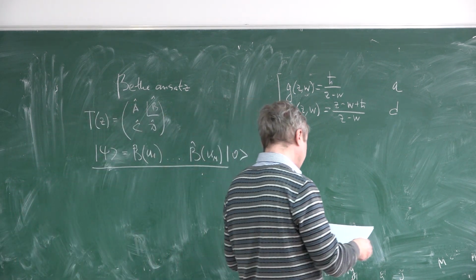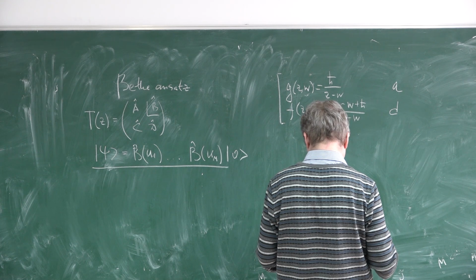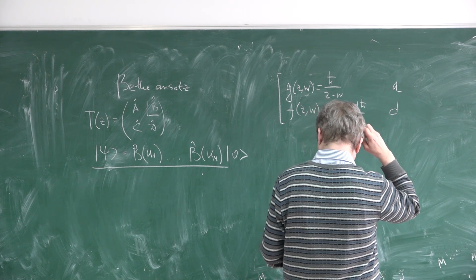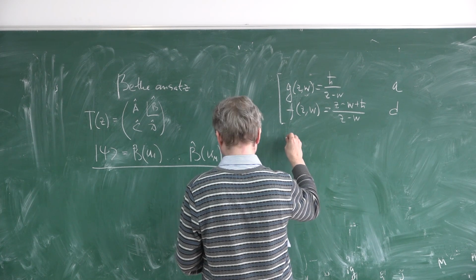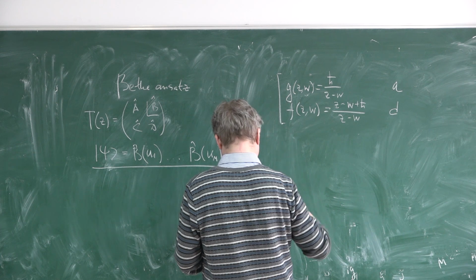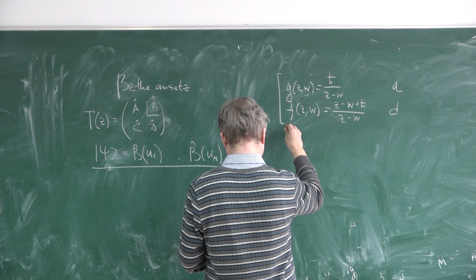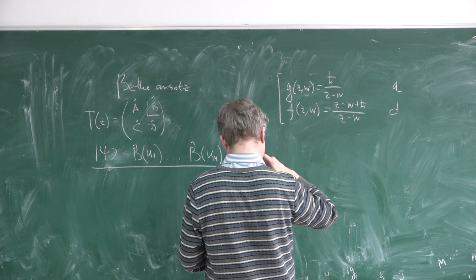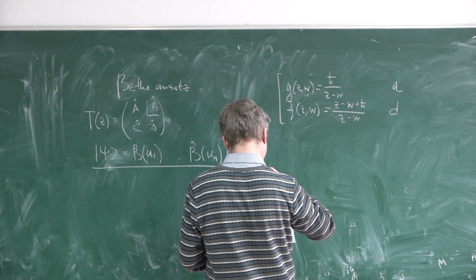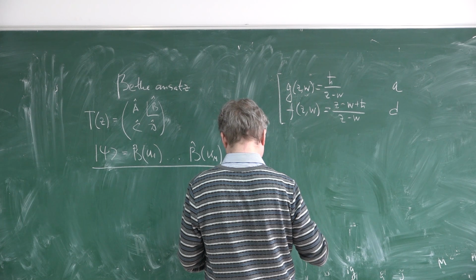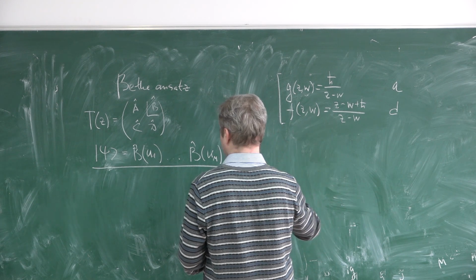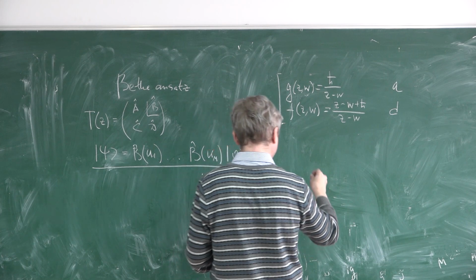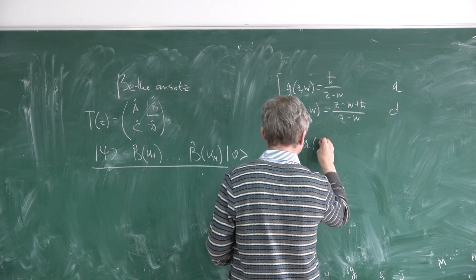But let me recall the answer. So the answer was the following. We found that, first of all, these u_k are called Bethe roots and should satisfy Bethe equations.